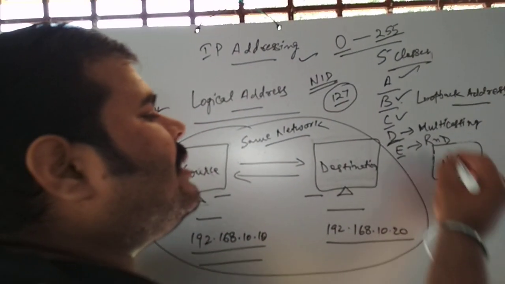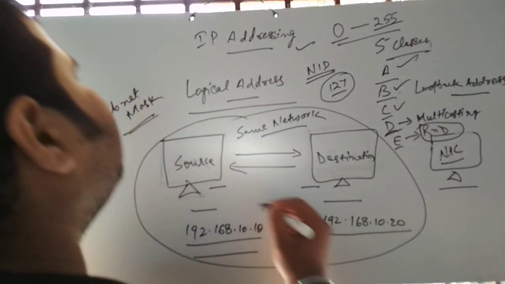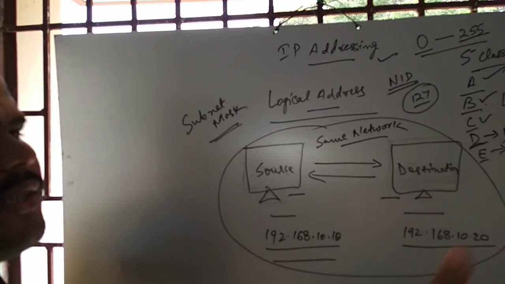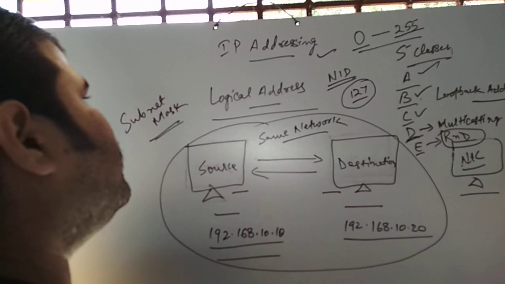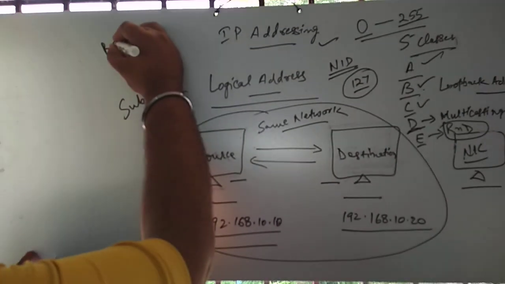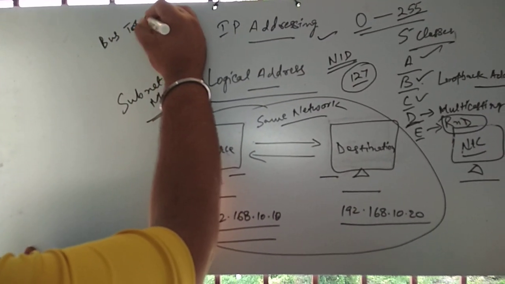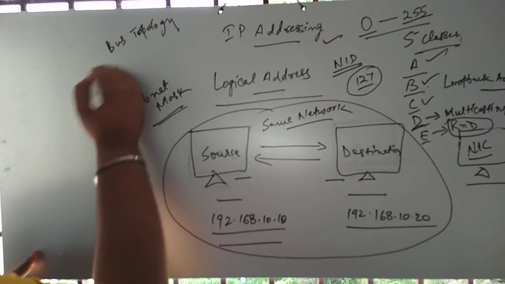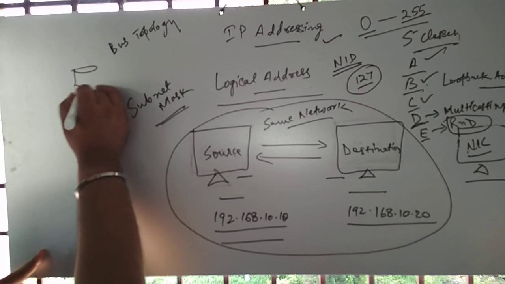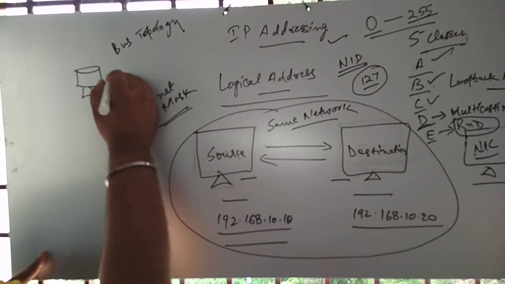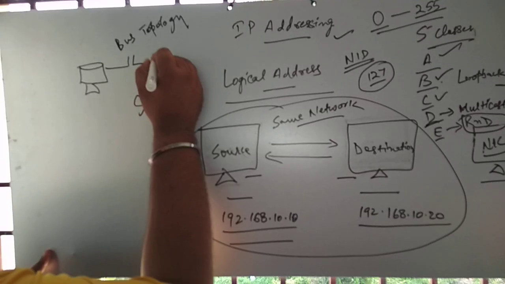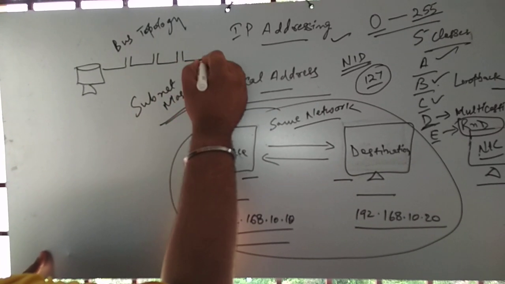Now, why does research and development utilize class E? Because in research and development, when we are creating any network, let's take an example. There is one topology called bus topology. In a bus topology, there are terminators which are connected with multiple systems.